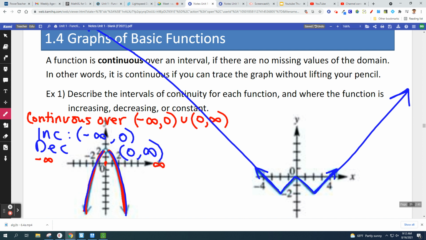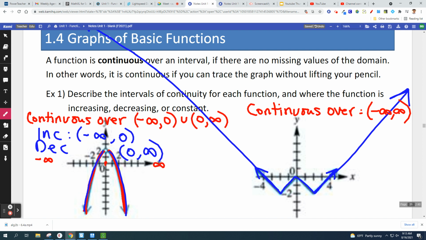But if you think about where this is continuous, it's continuous over the entire domain, or in this case, all real numbers. Continuous over negative infinity to positive infinity. Think about domain. If you squashed this onto the x, it's covering the entire x-axis. I never had to pick up my pencil.